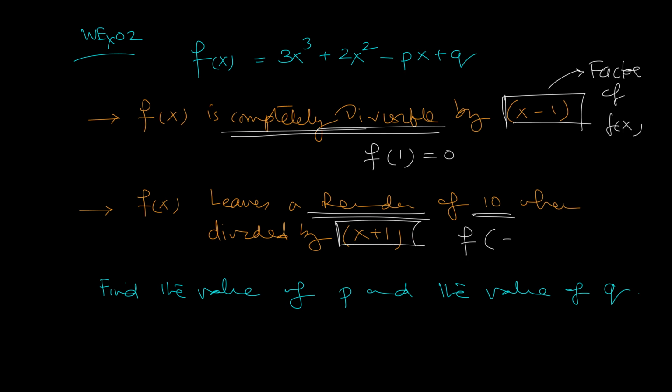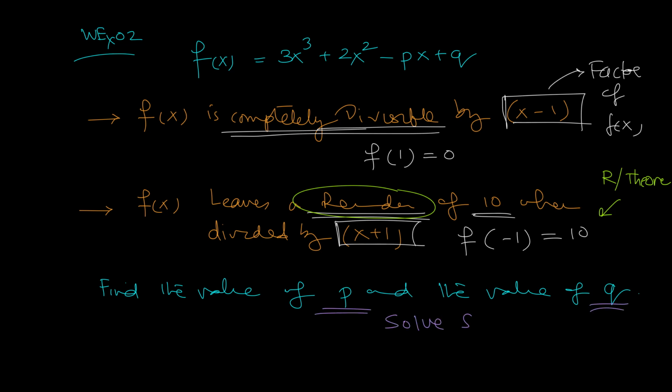So therefore f(-1) does not equal 0. It equals 10. Why? Because it leaves a remainder, and this is the application of the remainder theorem. You will form two equations and solve them simultaneously to find the value of p and the value of q. So let's do this question completely.